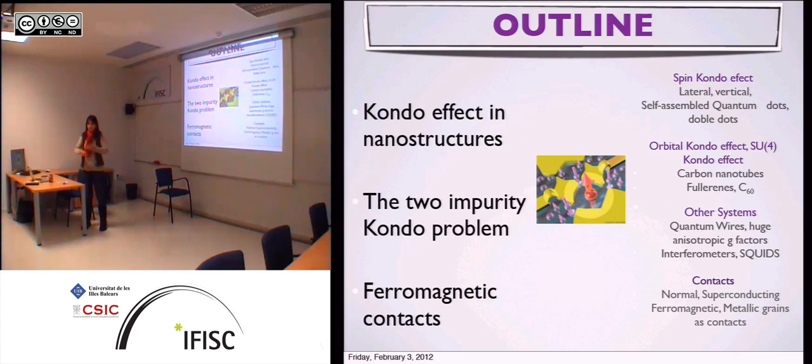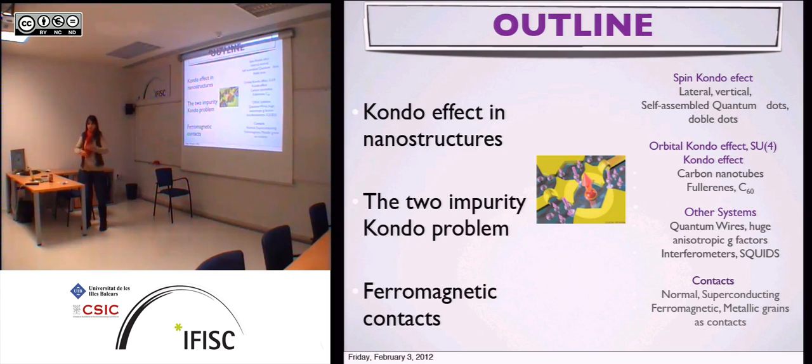So then you can talk about the left contact, the right contact, and the quantum dot. The quantum dot is formed by discrete energy levels. You have to pay energy if you put two electrons in the quantum dot, so you have Coulomb interactions.